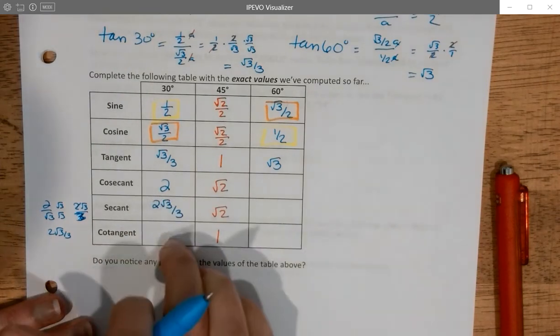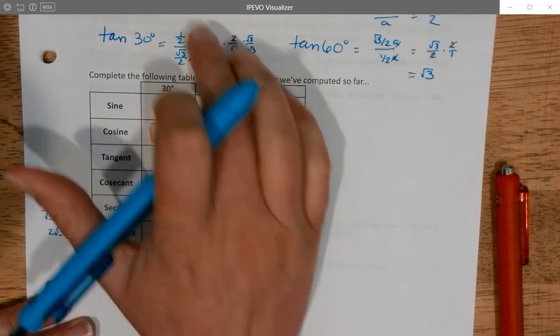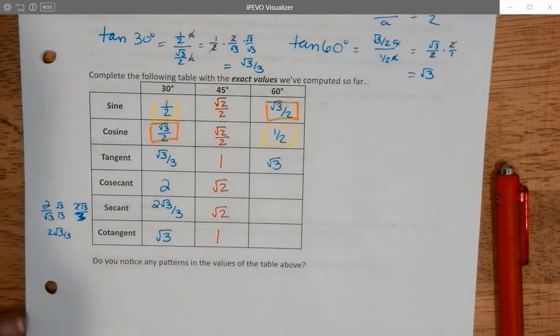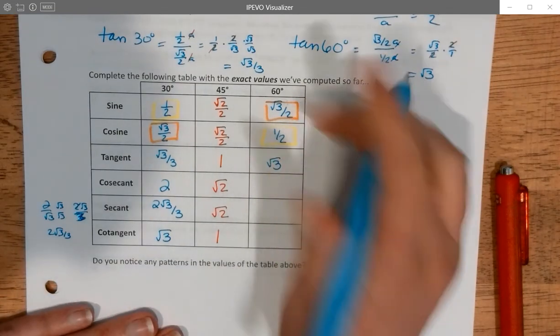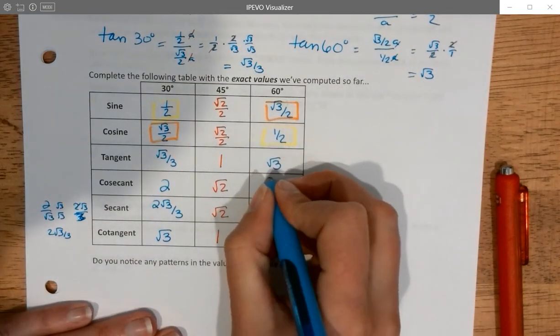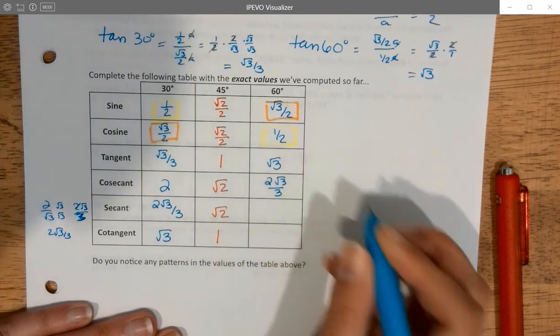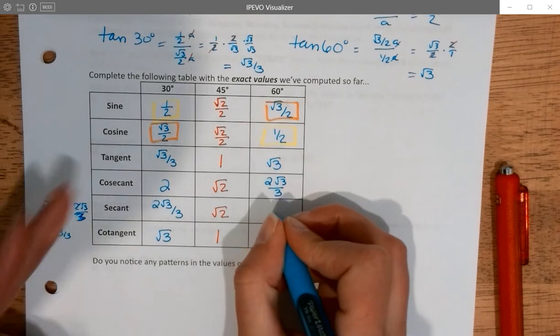So the secant value is 2 square root of 3 over 3. Then the cotangent value, if I take the reciprocal of the 1 over square root of 3 here, it's going to be back to the square root of 3. Now over here, 2 over the square root of 3 is going to rationalize again to 2 square root of 3 over 3. And then 1/2, reciprocal is 2 over 1.